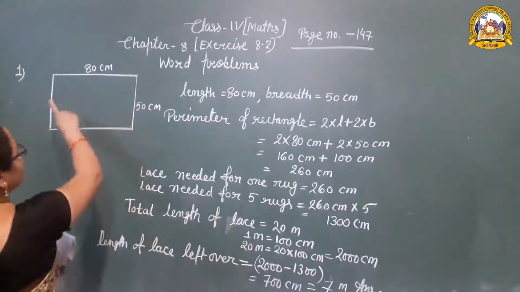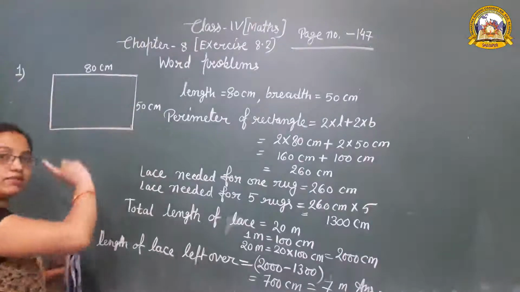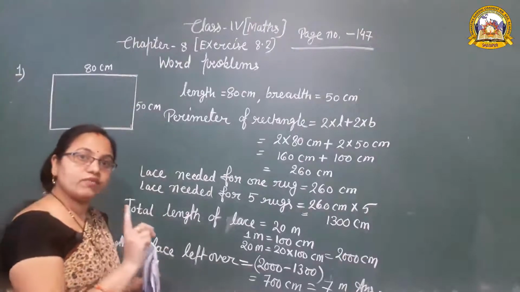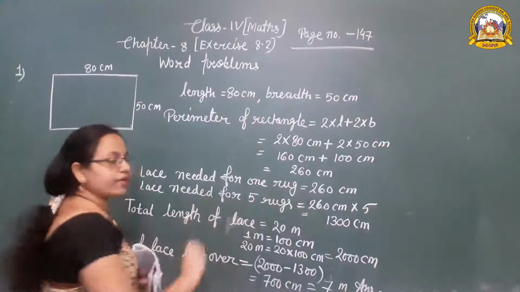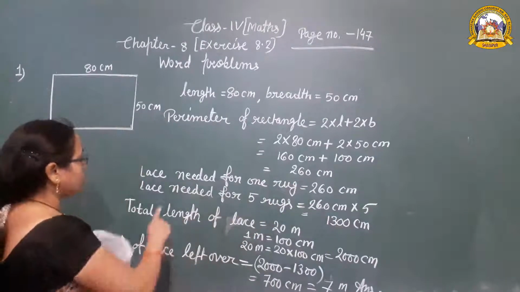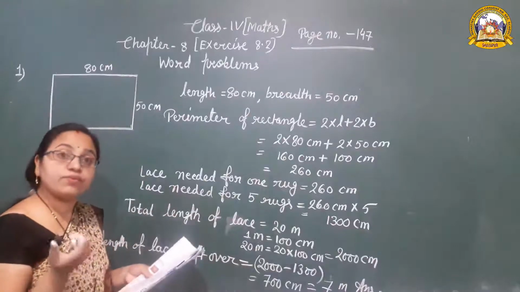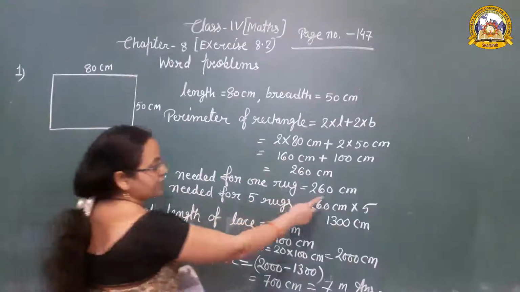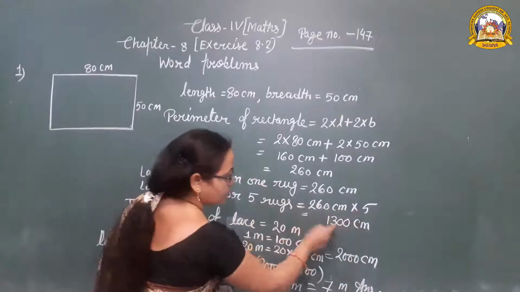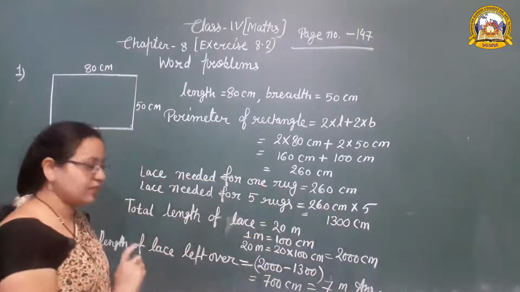So one rug is covered by the lace, equal to 260 centimeter. One more question is asking, how much lace will be needed for the 5 rugs? That is why this number is multiplied by 5. So we get 1300 centimeter.